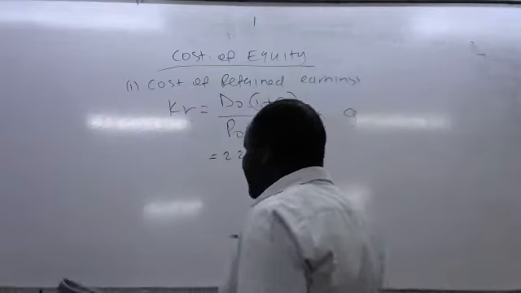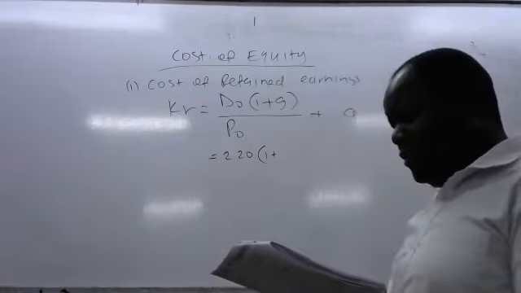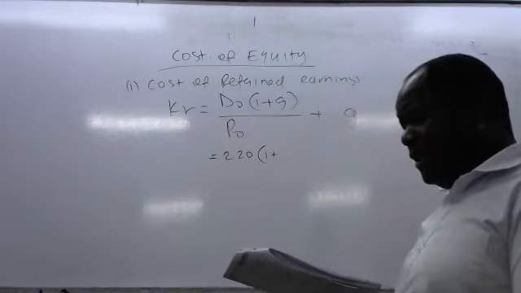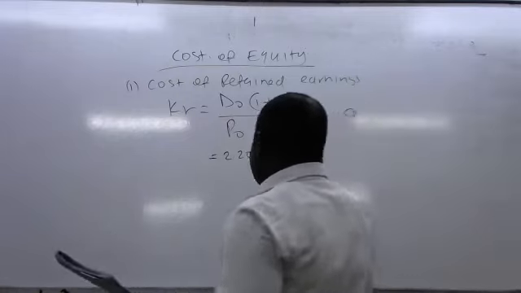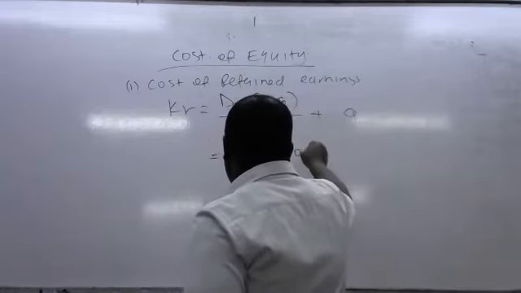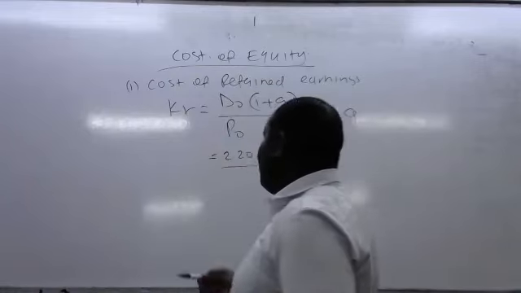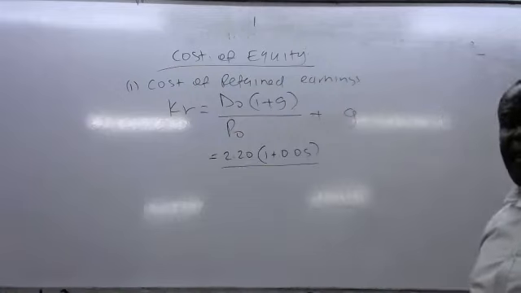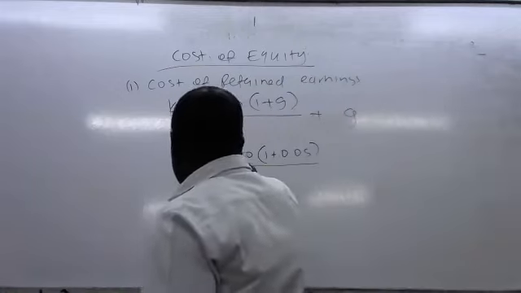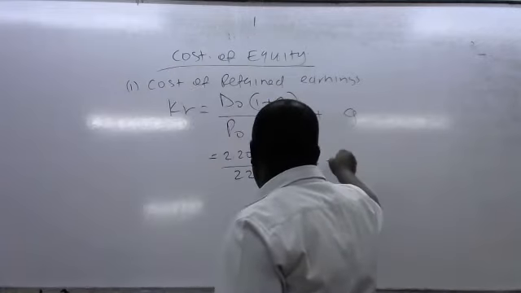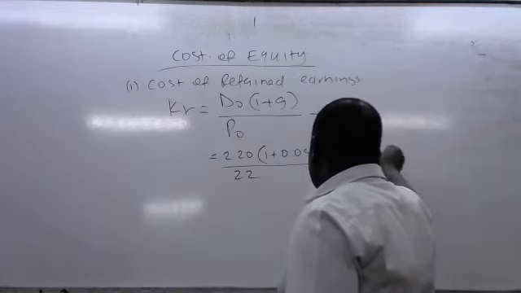Then 1 plus g. g is the constant growth rate, and the expected growth rate is given as 5%, which will be 0.05. We divide by P0, which is the current market price, 22. So divide by 22, then you also add 0.05.